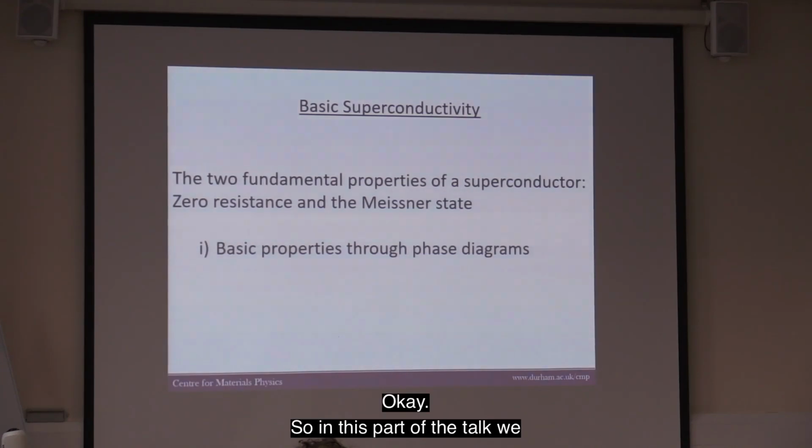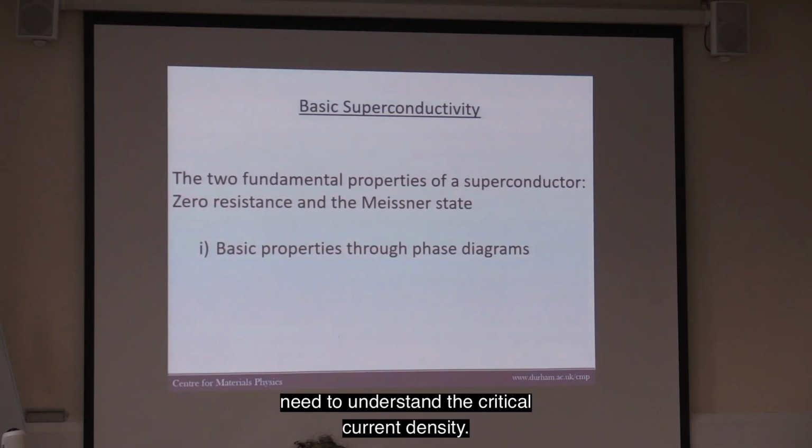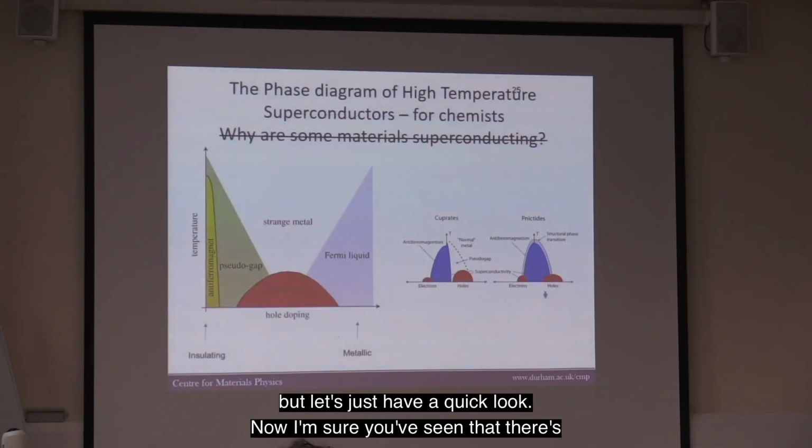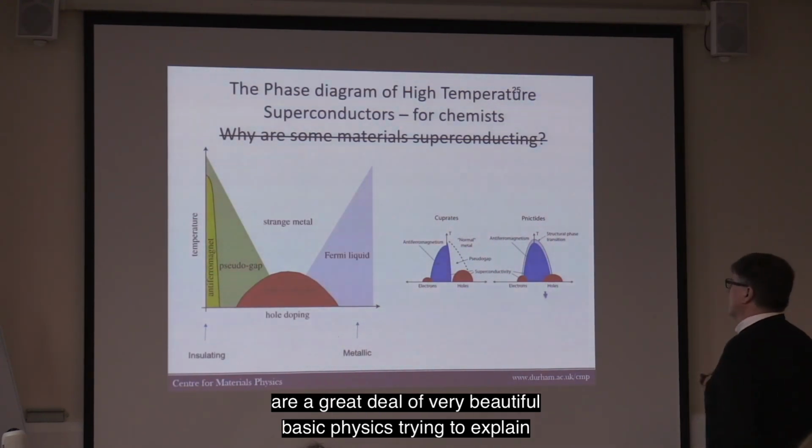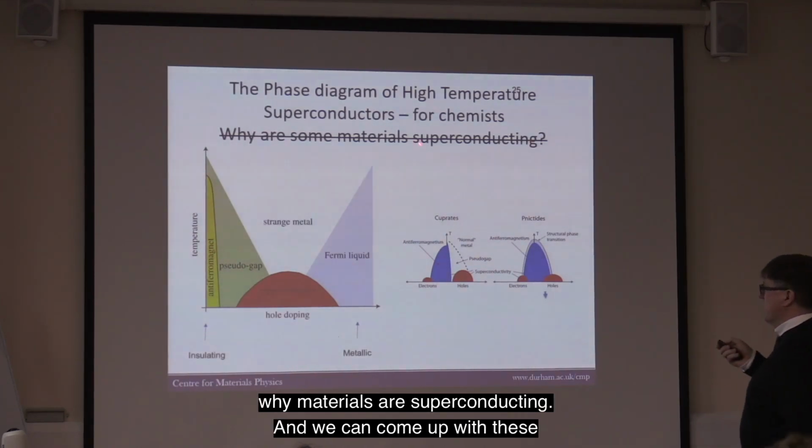Okay. So in this part of the talk, we need to understand the critical current density. It's not a difficult property to understand, but let's just have a quick look. Now, I'm sure you've seen that there's a great deal of very beautiful basic physics trying to explain why materials are superconducting.